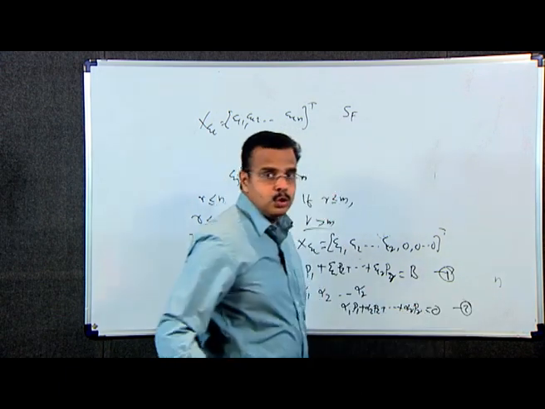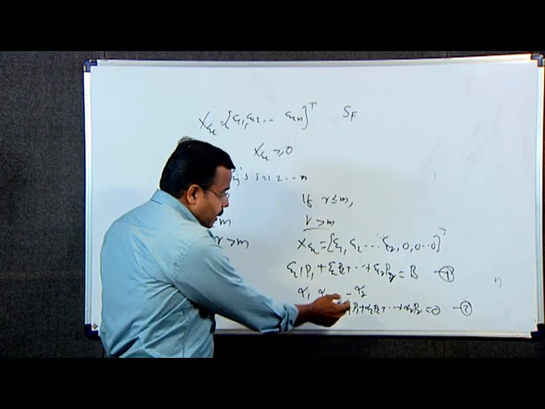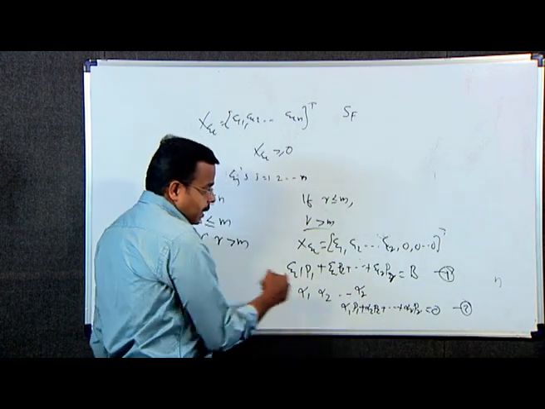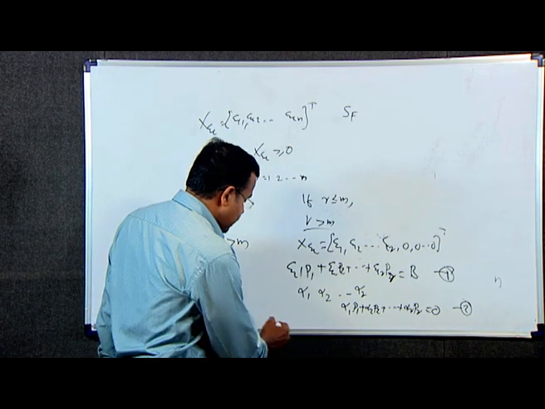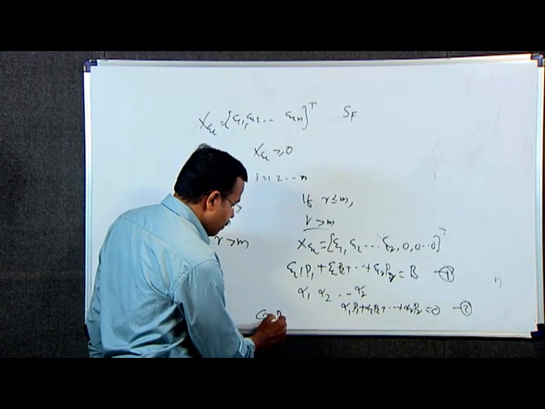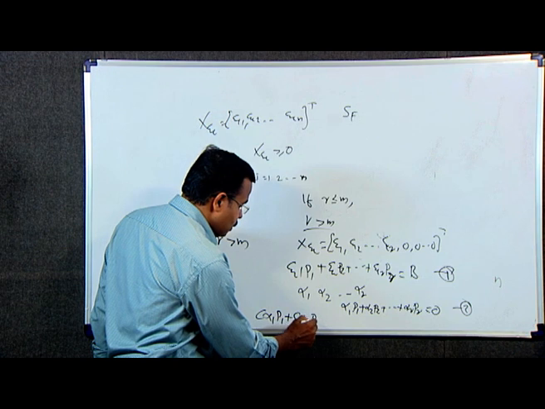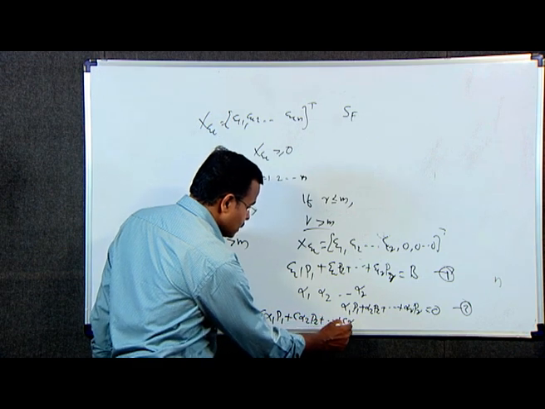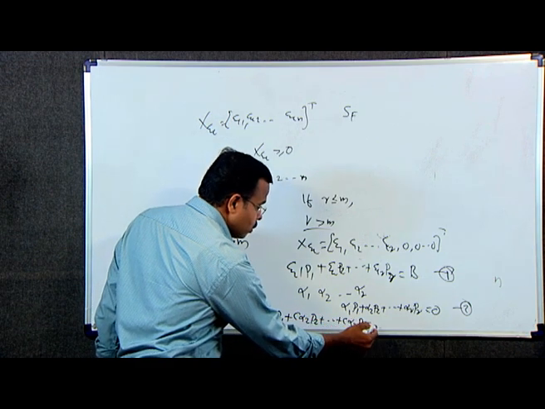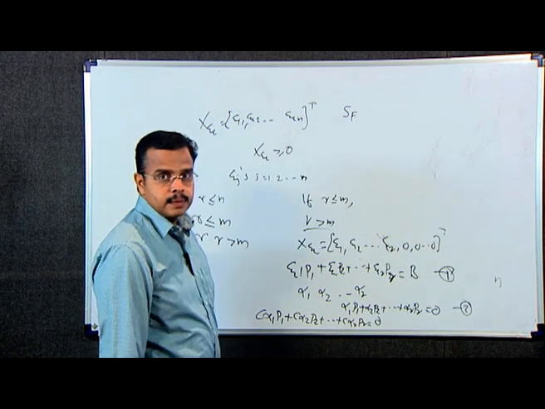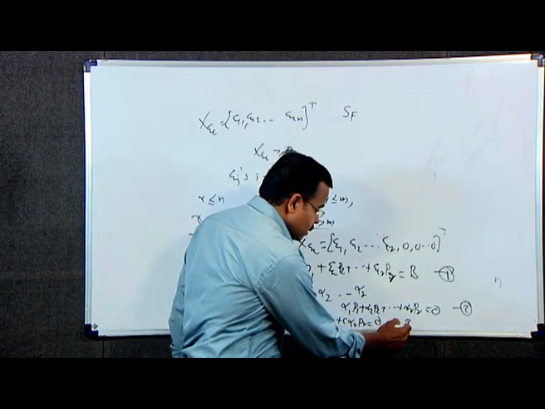Let it be number 2. Multiplying equation number 2 by a constant c, we get c alpha 1 P1 plus c alpha 2 P2 etc. plus c alpha r Pr equal to 0. Let it be equation number 3.